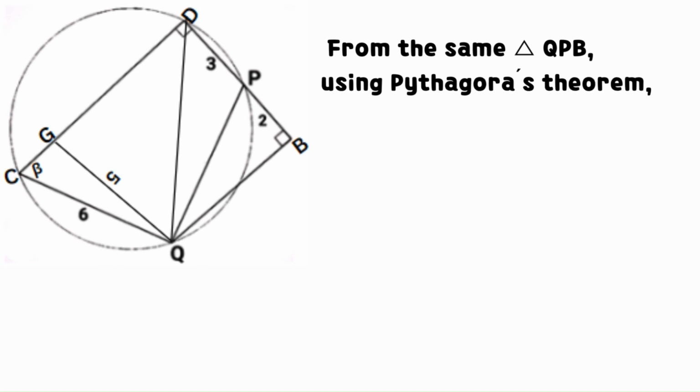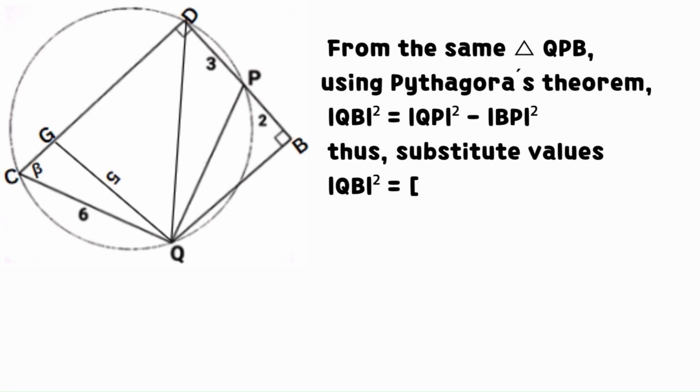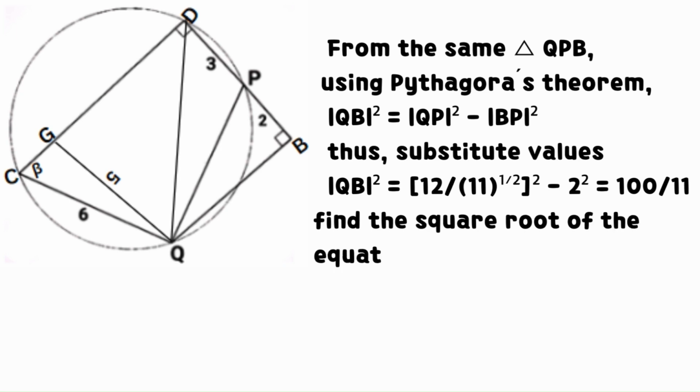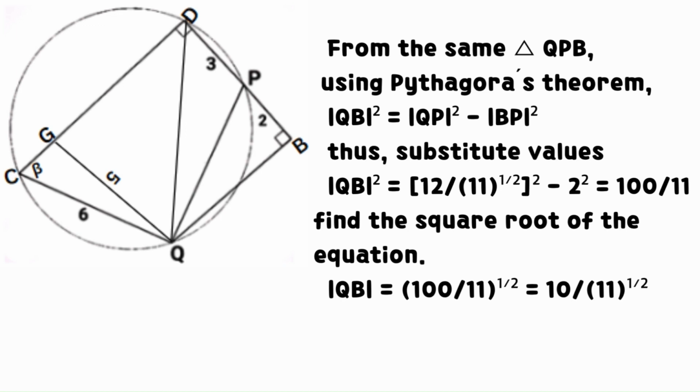From the same triangle QPB, using Pythagoras theorem, the square of QB equals the positive difference between the square of QP and the square of BP. Thus, substitute values obtained and we have that the square of QB equals 100 divided by 11. Find the square root of the equation. We have that the length of line QB equals 10 divided by the square root of 11.